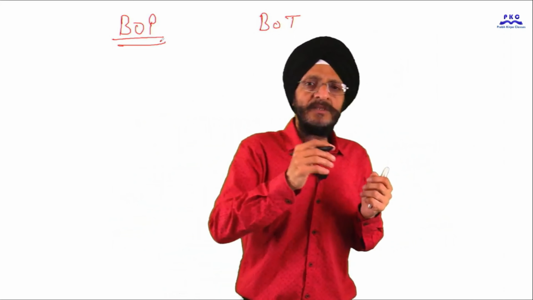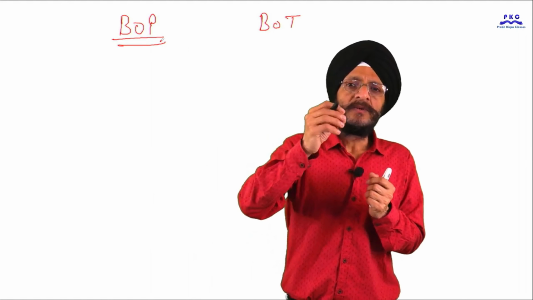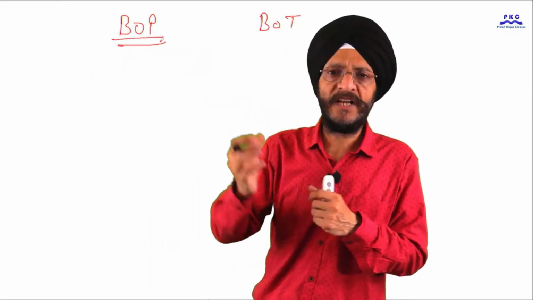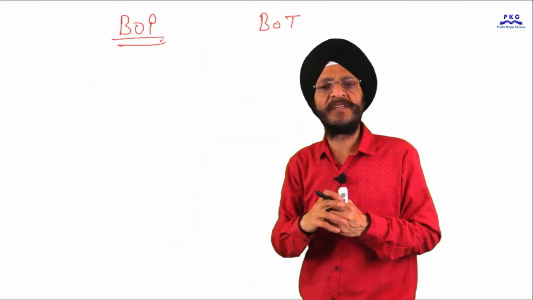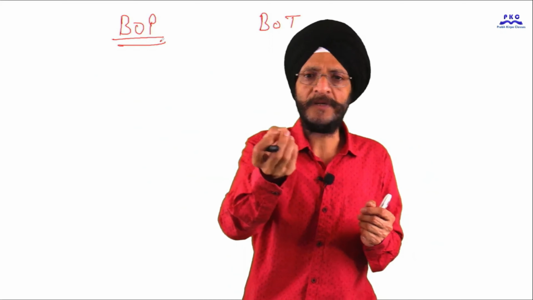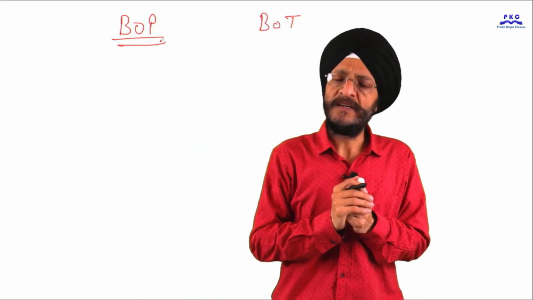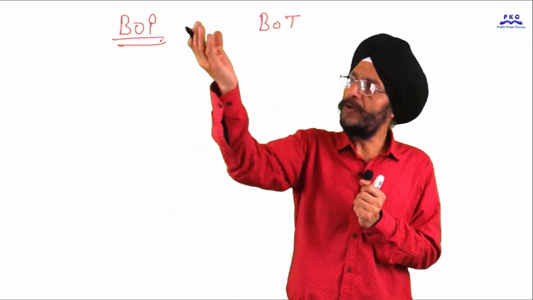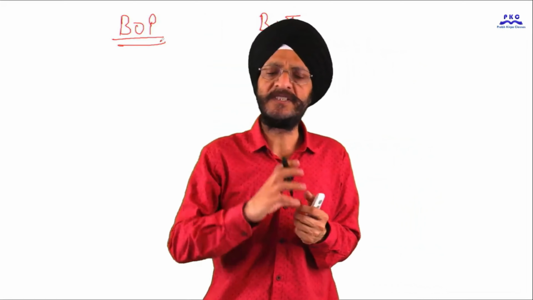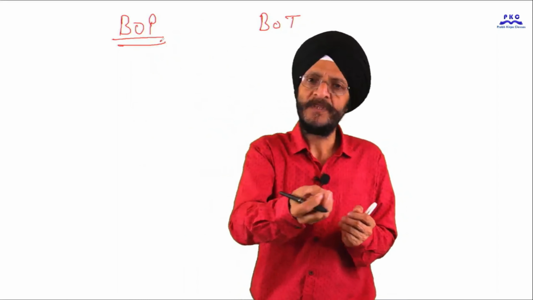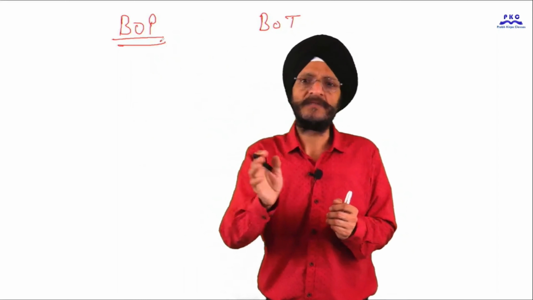Then we may have certain investments in foreign countries, and from them we may be receiving certain incomes in the form of dividend, profit, interest. At the same time, foreign investors may have certain investments in our country, and they may be receiving payment from us in the form of dividend, interest, profit.